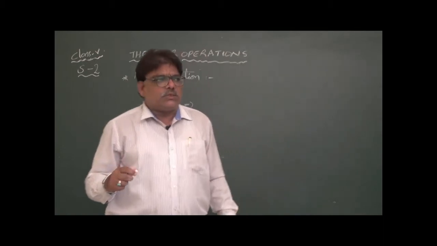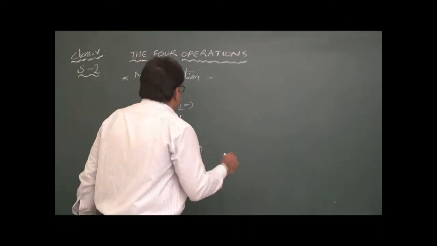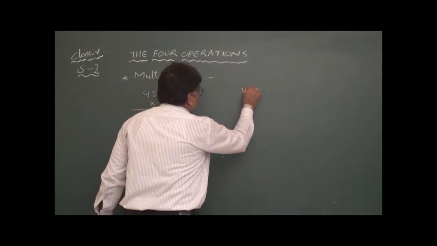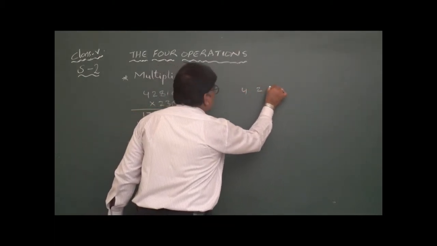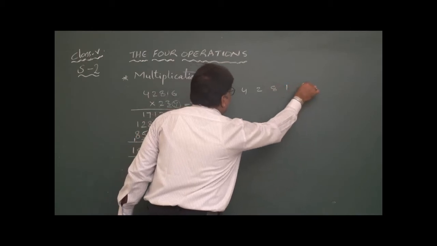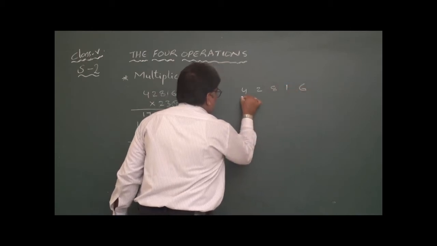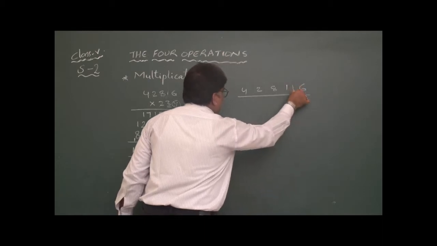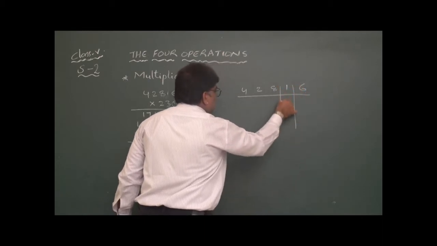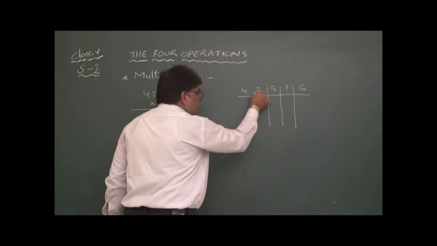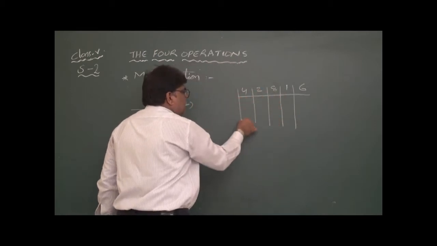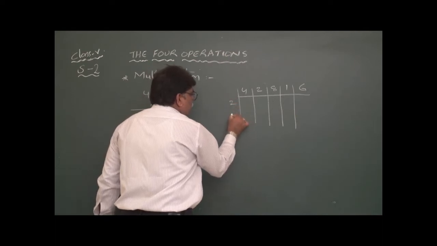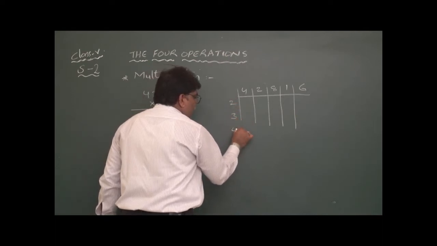So here I am taking the numbers, keeping them in square boxes to understand. 4, 2, 8, 1, 6. These are the numbers I am keeping in the box, to be multiplied with 2, 3, 4.